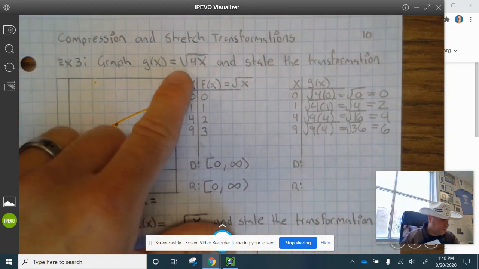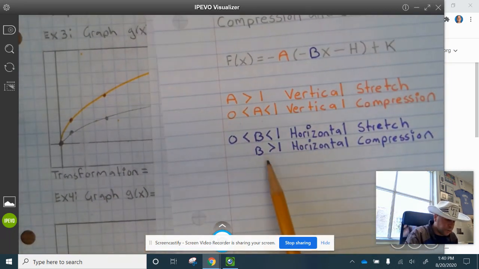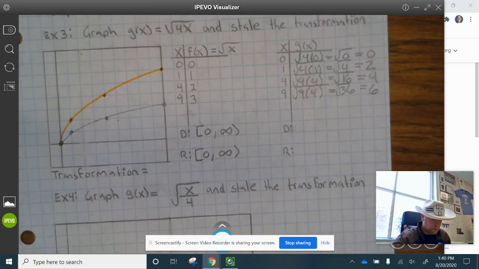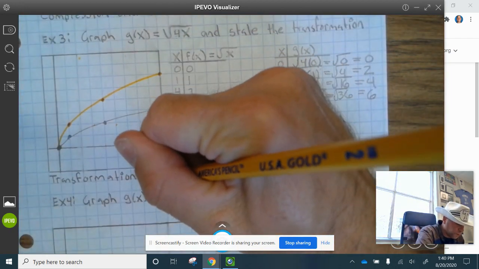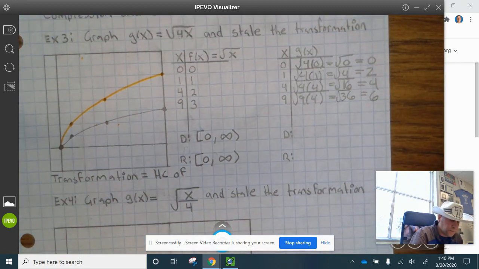Now we know that this 4 right here is the b value, and we know that when b is greater than 1, it's a horizontal compression. So a horizontal compression of 4.